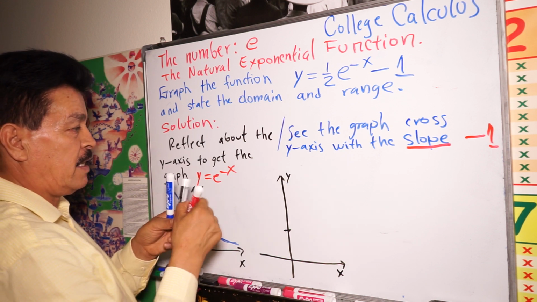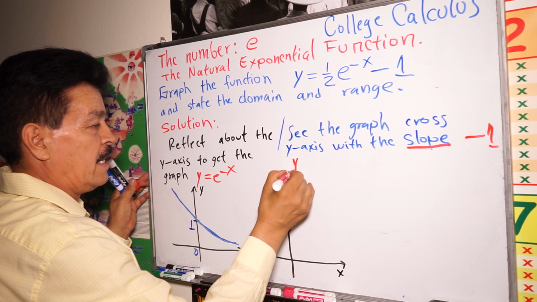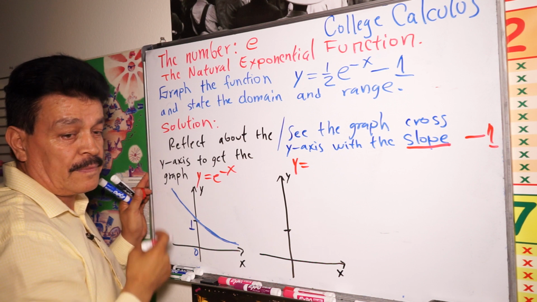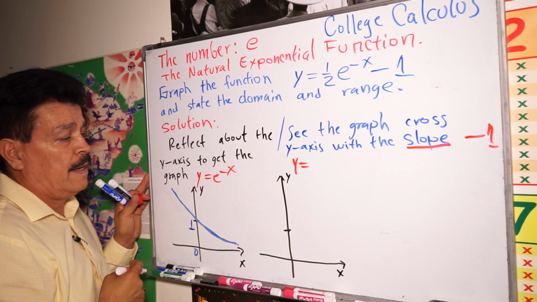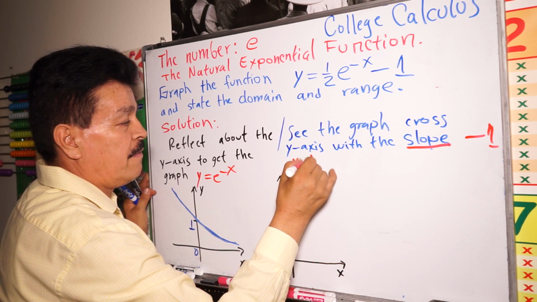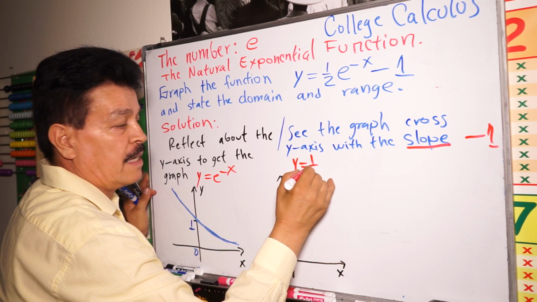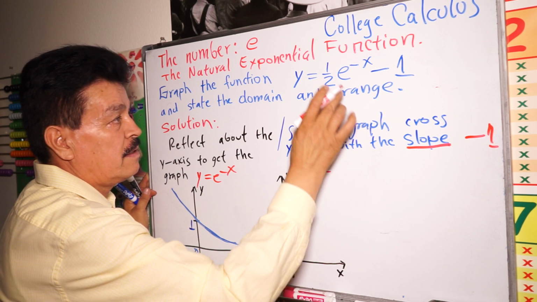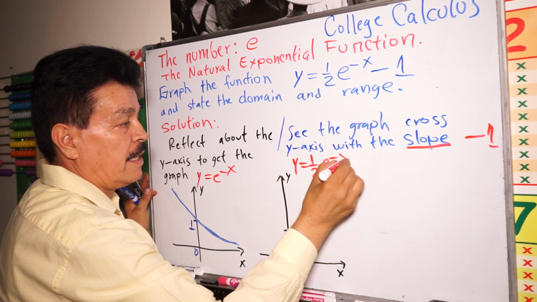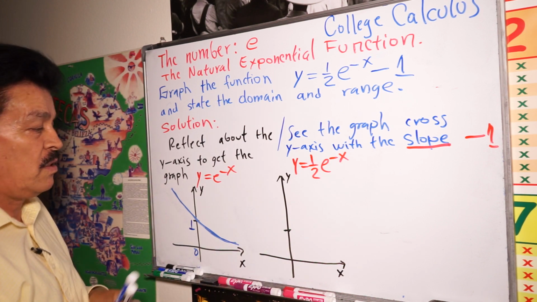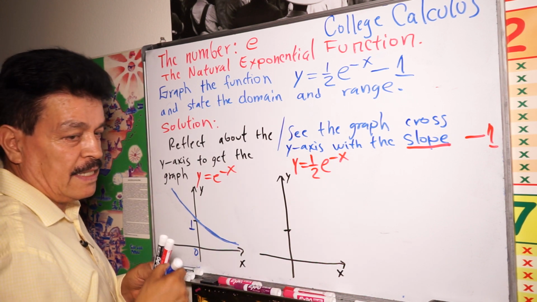Now here, this graph must be y equals one half. Yeah, I think 1/2. Yeah, y equals 1/2 e to the minus x, and in this case, we obtain this graph. So the graph is like this.